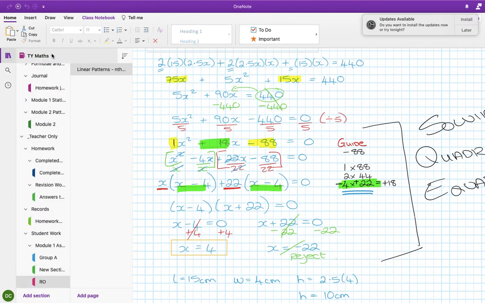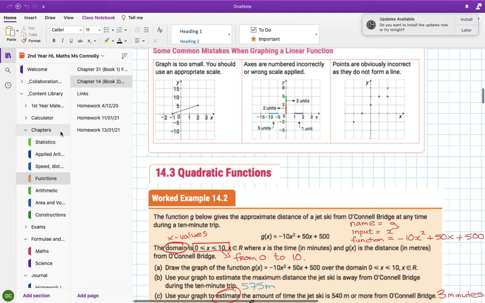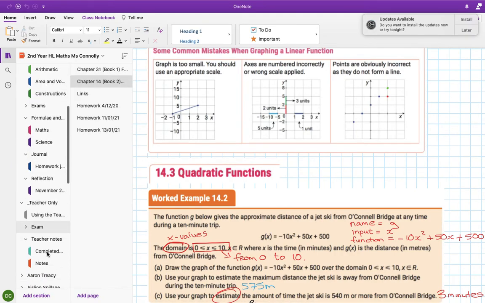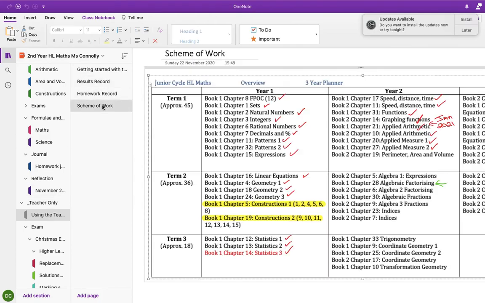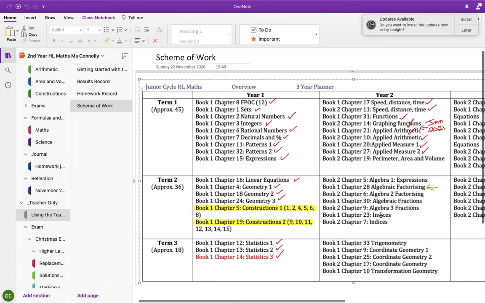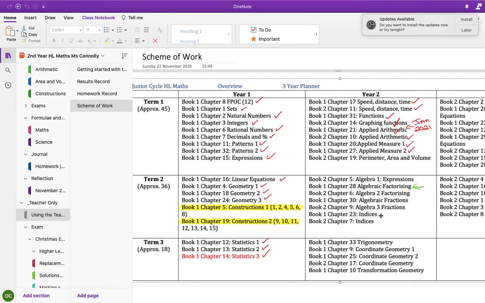And if I just go into this, this is what I should have done at the start. So in first year, all we did was expressions and linear equations, so it's not in that. And we haven't. So see here, how annoying.